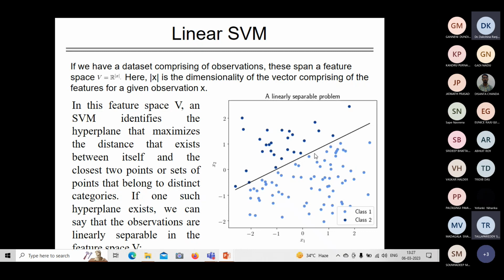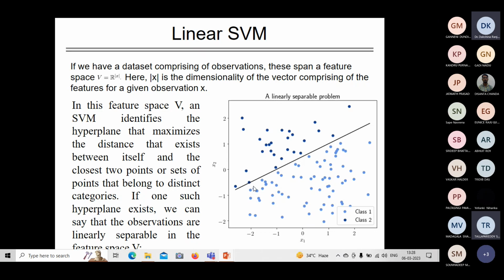Okay, and through these patterns we get an optimal hyperplane. Now our objective is to get the maximum margin between two sets of points, and this hyperplane will be found at the middle of this margin.